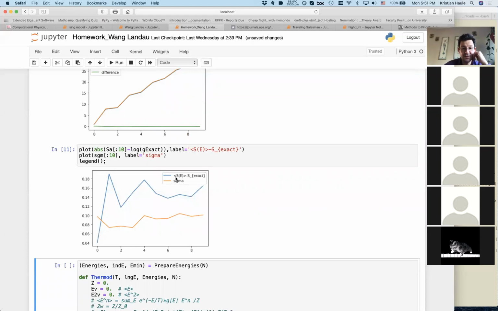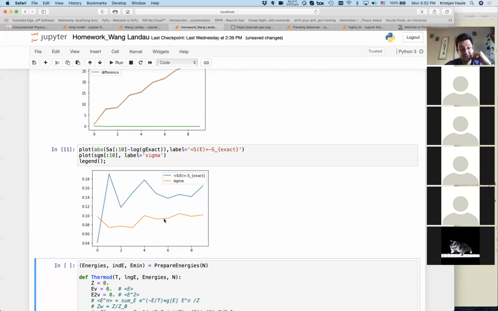The blue curve here is our best estimated S average S of E, or numeric S minus exact, and our estimated sigma is the orange curve. And as you see, our orange curve is of the order of 0.1, and our error bar is of the order of 0.18. So this is actually a pretty bad case.